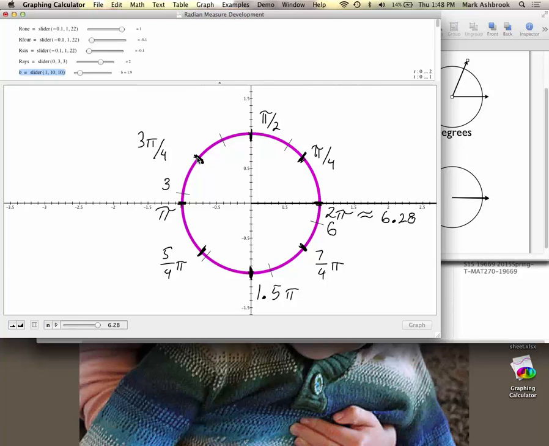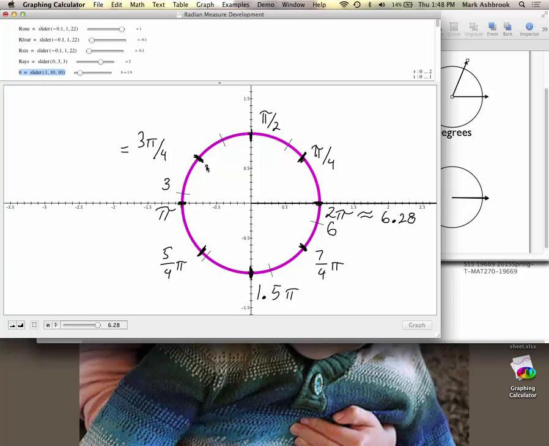What would you estimate that to be? 2.5. Let's do a little better than that. Less or more than 2.5? A little bit less than 2.5. It's a little closer to 2 than to 3.